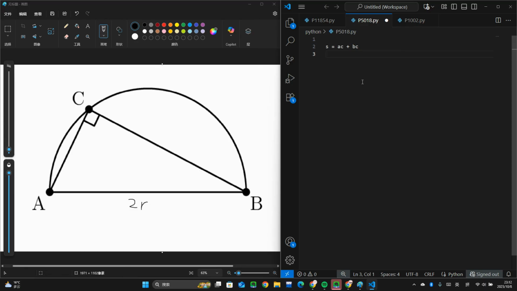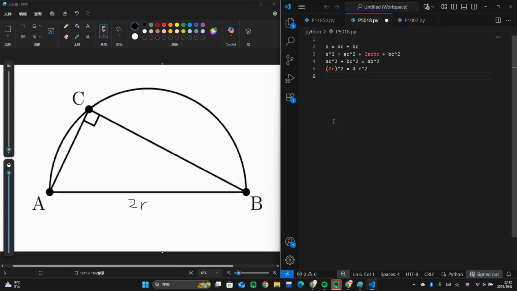Since we're trying to find the relationship between S squared and R, S squared is just AC squared plus 2 AC BC plus BC squared, right? AC squared plus BC squared is obviously just AB squared, because AB is the diameter, which is 2R. So this is just going to be 4R squared.